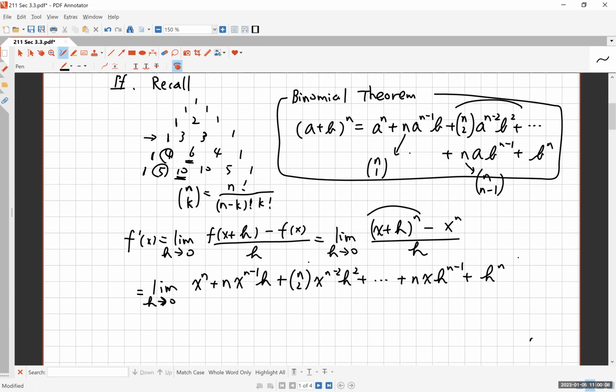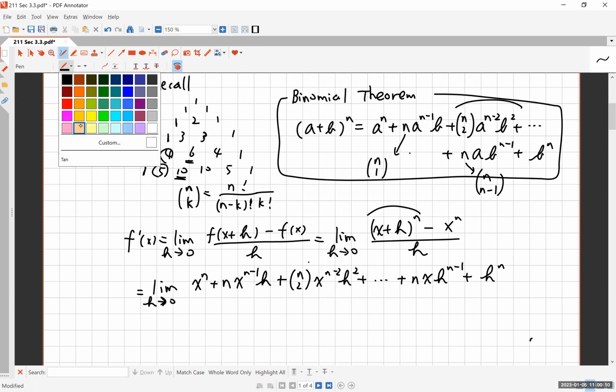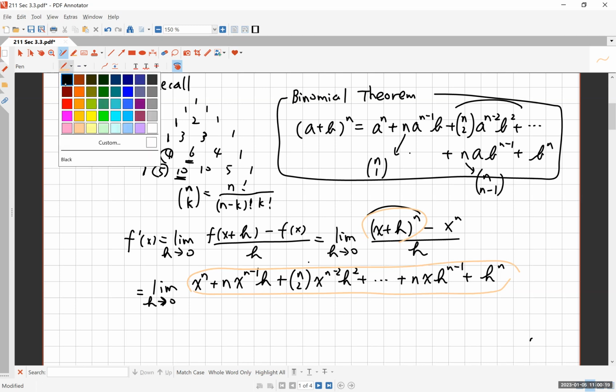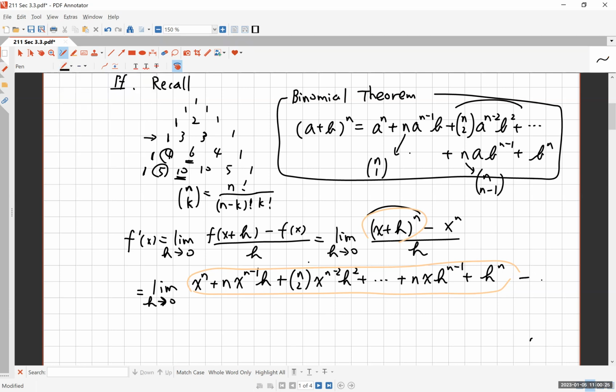Okay, this whole thing is this entire thing, which is the expanded form of x plus h raised to the nth power. Now, I still have to subtract x to the n, okay? And I have to put all of this over h.